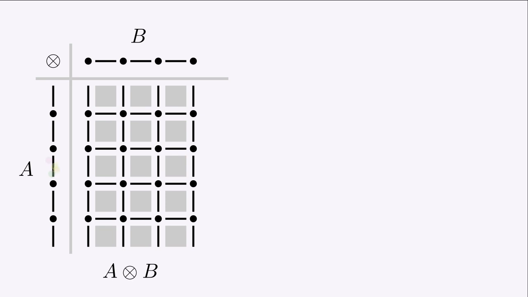An edge times a point gives you a vertical edge in the surface code. And an edge times an edge gives you a face. This tensor product notation comes from homological algebra, where this really is a tensor product of chain complexes.